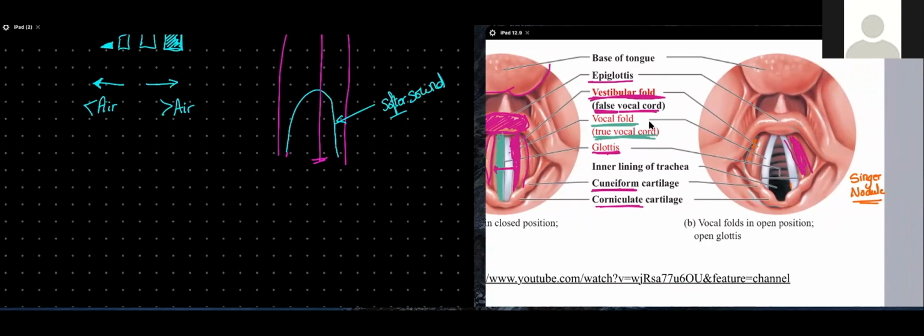If you open the glottis, you can see here the inside of the trachea with the tracheal rings on here. Remember, the tracheal rings are going to be cartilage rings that will keep the trachea open, so it doesn't collapse like the esophagus.